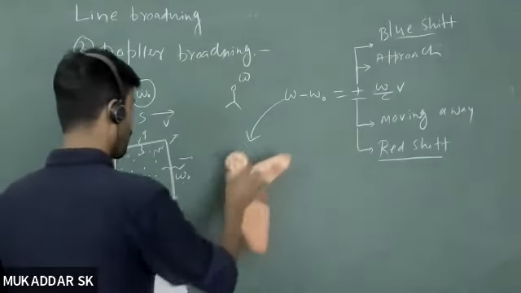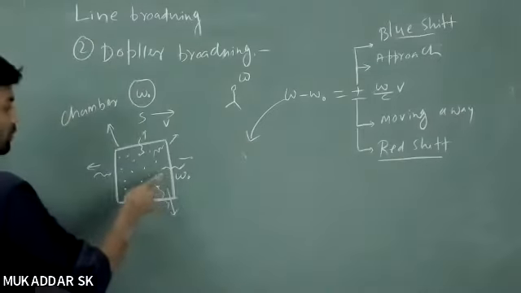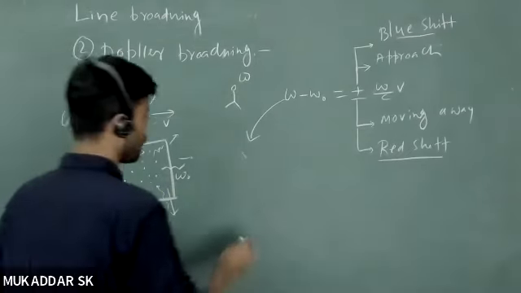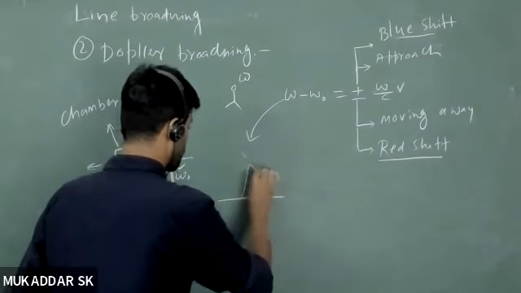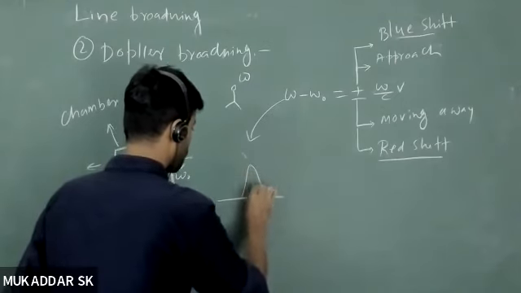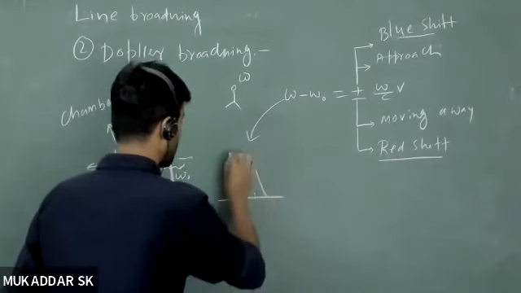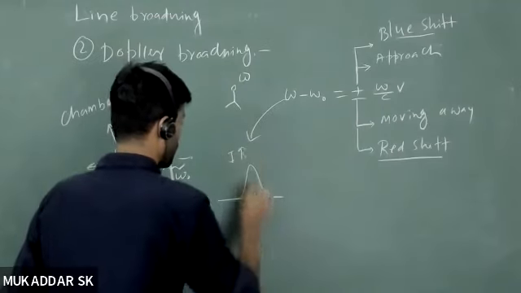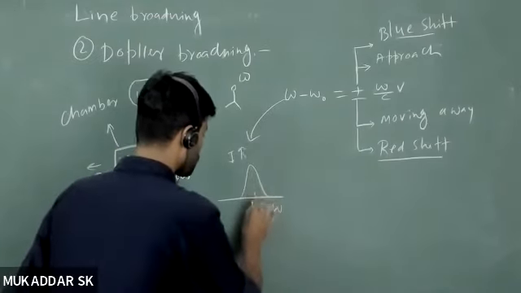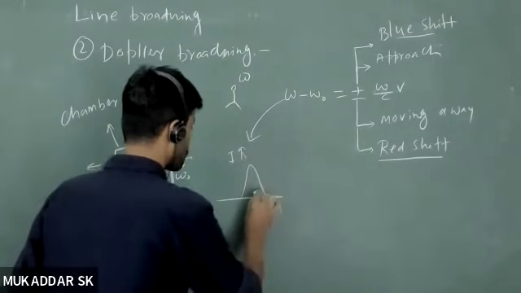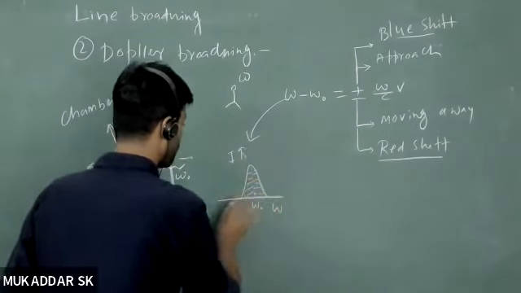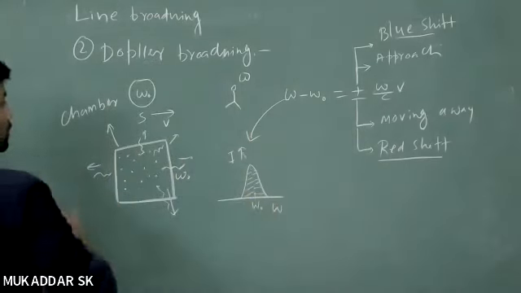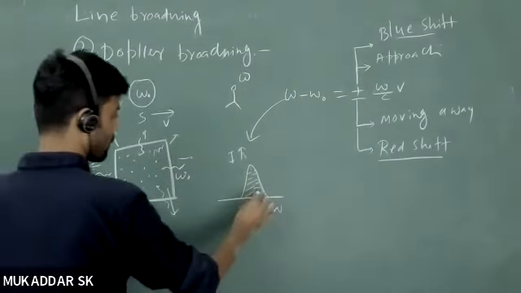So if the emission frequency is omega naught, in the spectrum you will get this kind of plot. On this side you have intensity, and on this side omega, and the peak corresponds to omega naught. But of course you will get intensity on both sides also, and this originates due to the motion of the atoms.